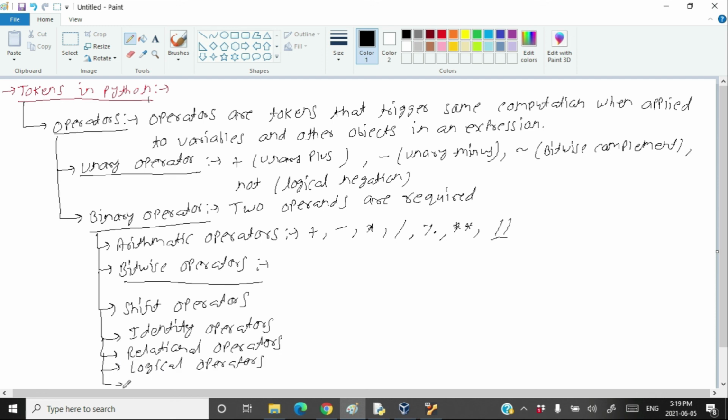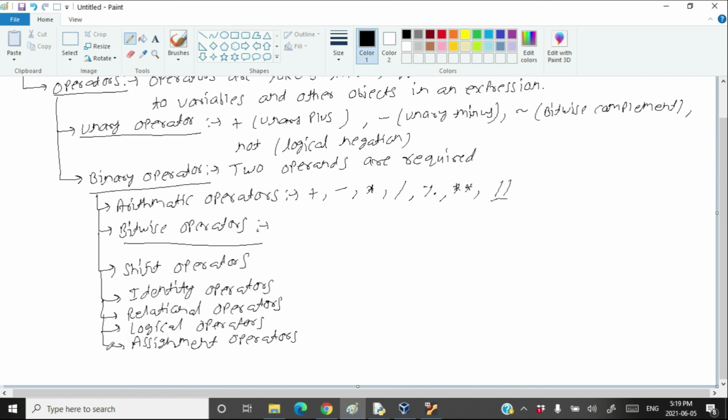Apart from them, we have assignment operators, and then we have membership operators. So we have these many types of operators. Getting it? And all these operators come under binary operators. We will see all these operators in the coming videos of this session.